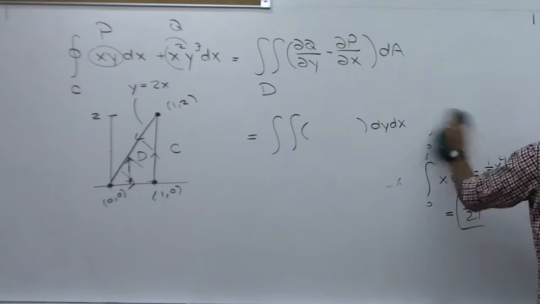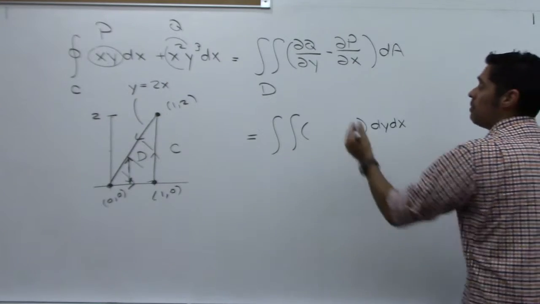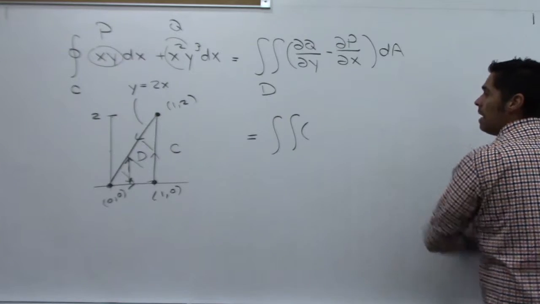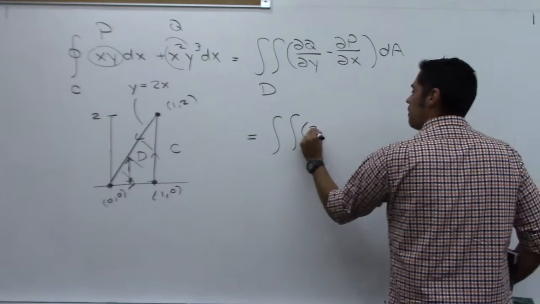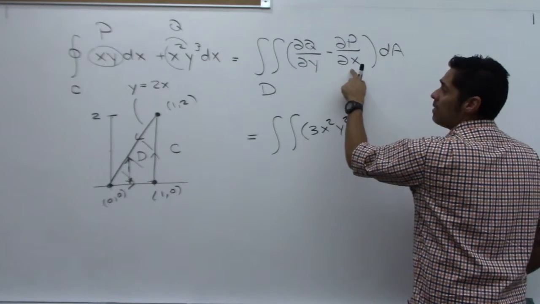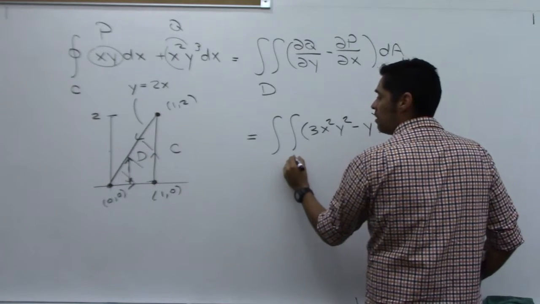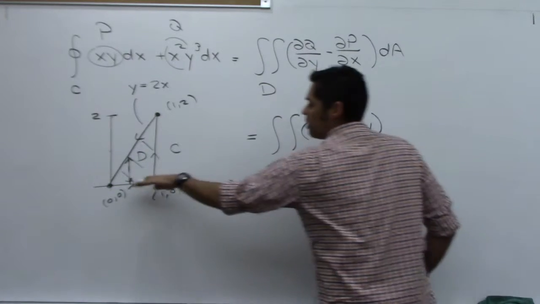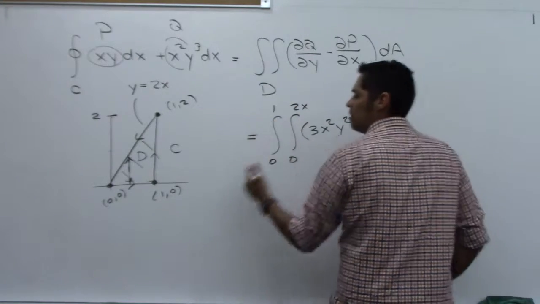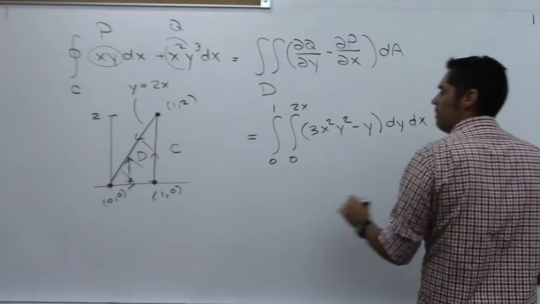We're going to have partial of Q with respect to x, partial of Q with respect to y is going to be 3x squared y squared minus partial P with respect to y, which is just y. And now my y is going to go from 0, which is here, up to this line, 2x. And then my x's go between 0 and 1. And then this is going to be dy dx.